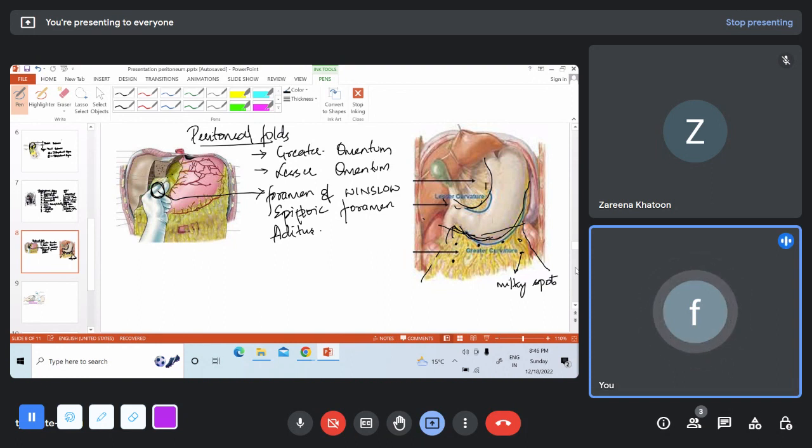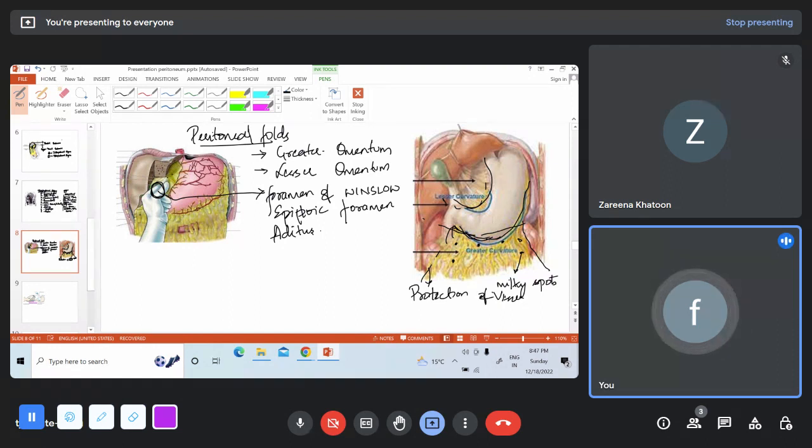So we must also know that the peritoneum provides protection of the viscera. How does it protect the viscera? Because the peritoneum contains various phagocytic cells.